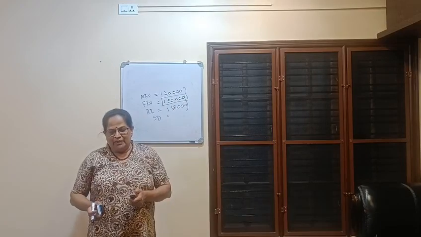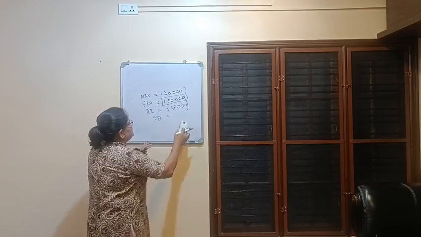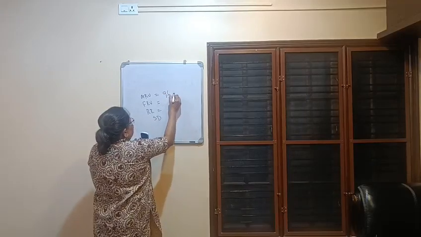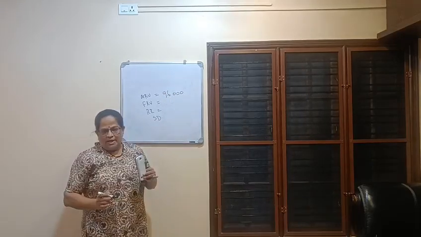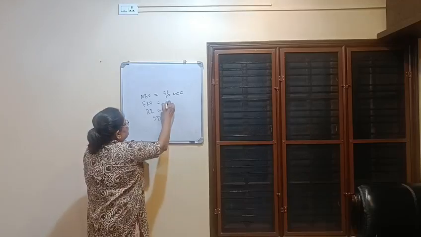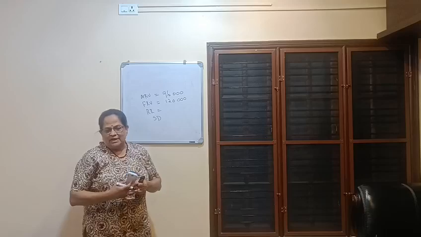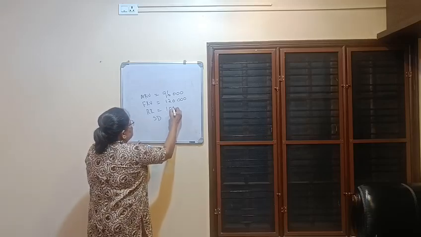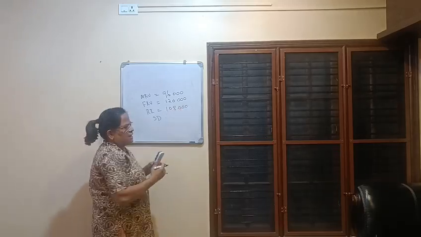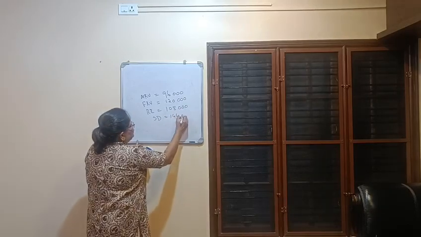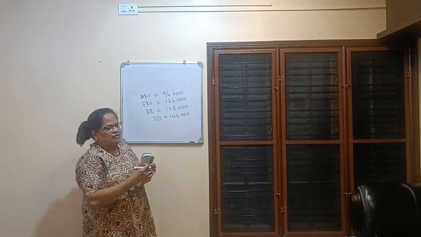Now situation B, MRV is 96,000. FRV is 1,20,000. Real rent is 1,08,000. Standard rent is 1,44,000.